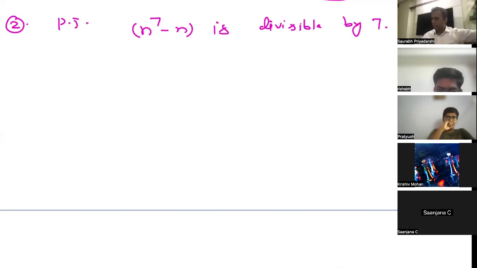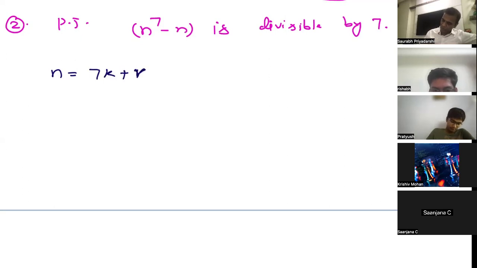See, we know that numbers are in the form of n equals 7k plus r, where r is equal to 1, 2, 3, 4, 5, 6, 7. I'm not taking 7 because if the number is divisible by 7, then 100% this will be divisible by 7.